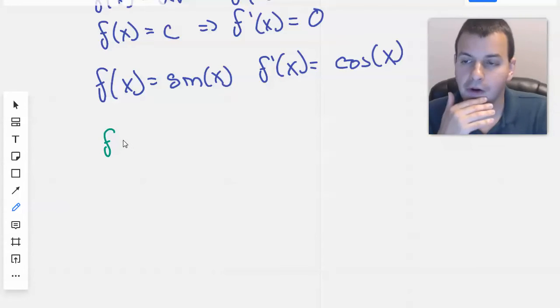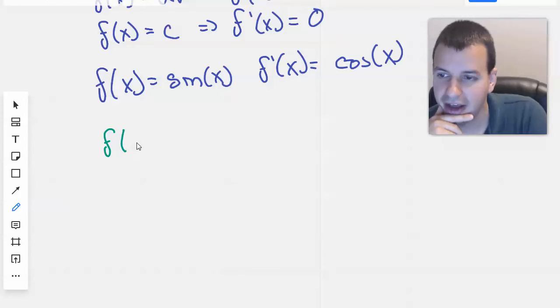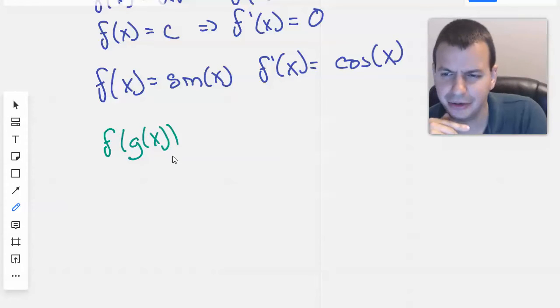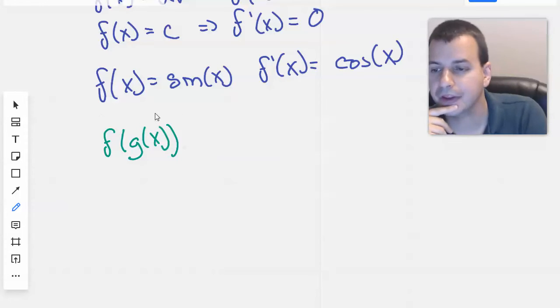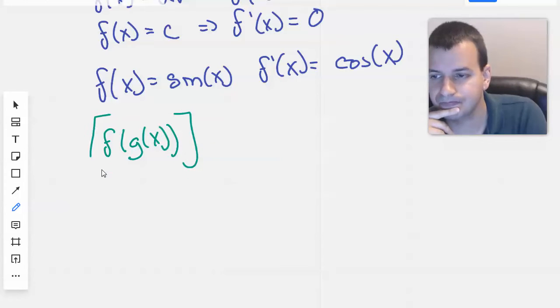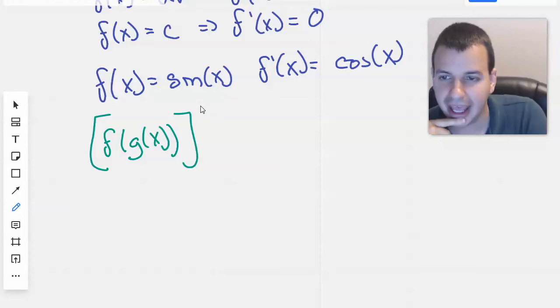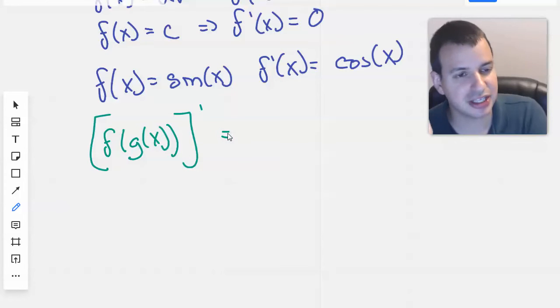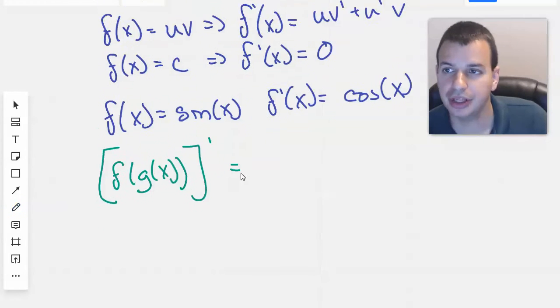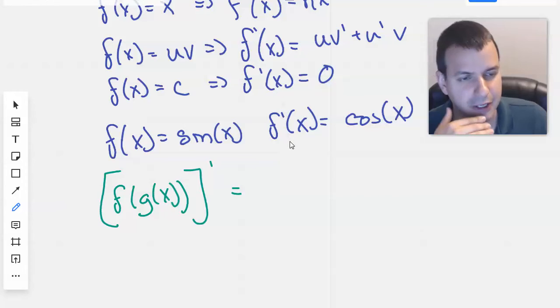So if you have the function f of g of x, and you can see my notation kind of changes here. It does. And so for the chain rule, I usually use f of x and g of x. But when I do the product rule, I use u and v.